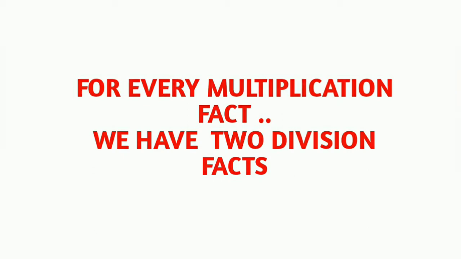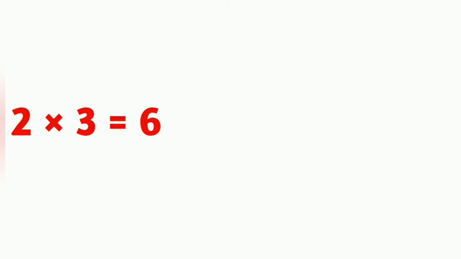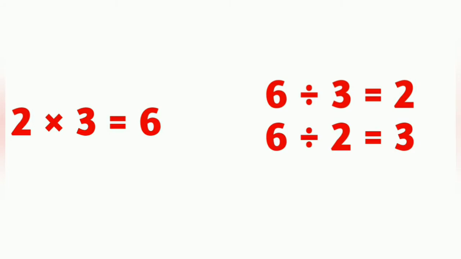For example, we have 2 3s are 6. Our multiplication fact is 2 3s are 6. So now we have 6 divided by 3 equals 2 and 6 divided by 2 equals 3. So these two are division facts.